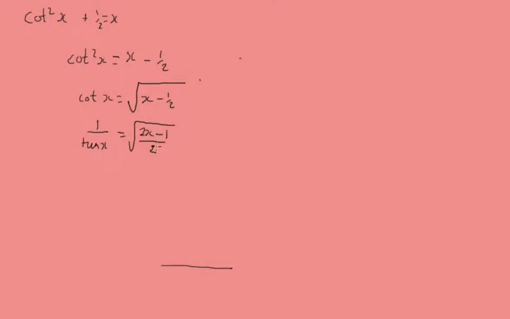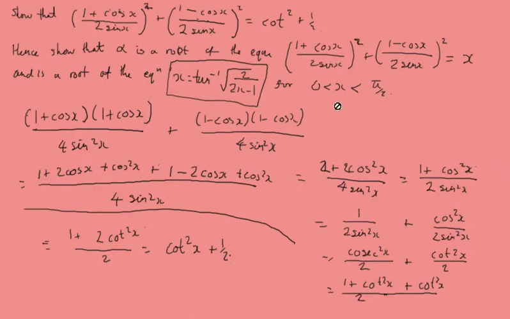And we can take the inverse of this to give us tan x. So x must be the inverse tan of this, which was what we wanted here.